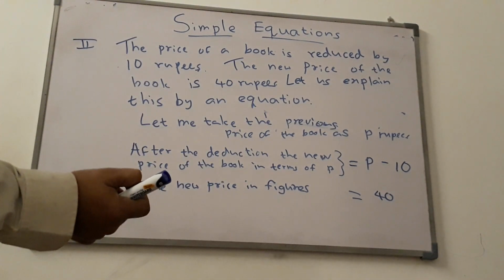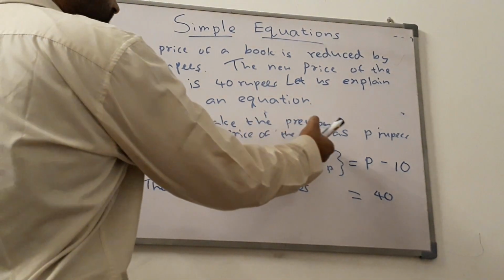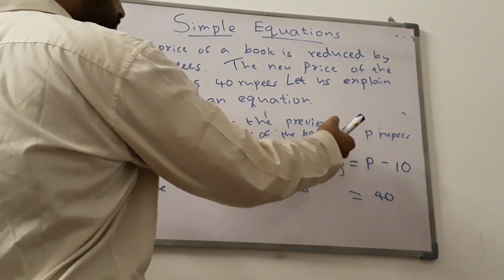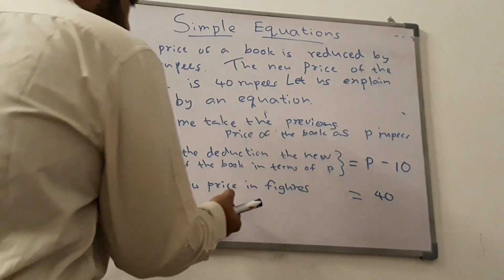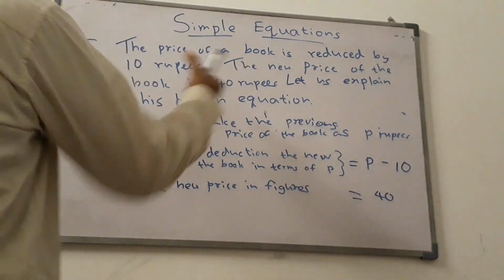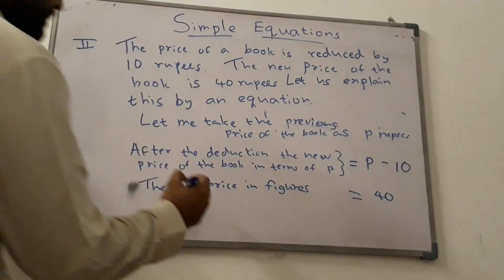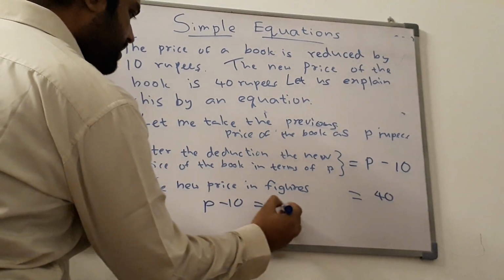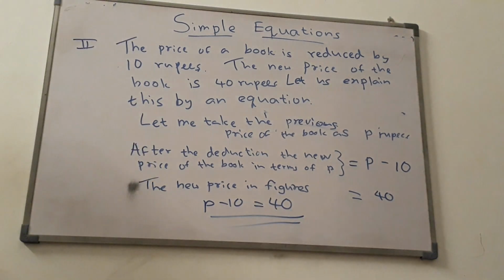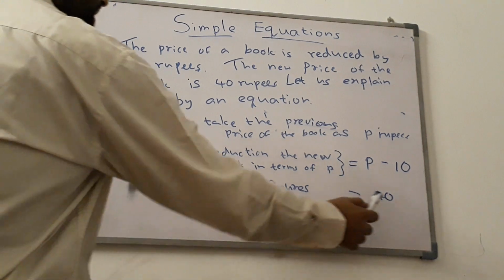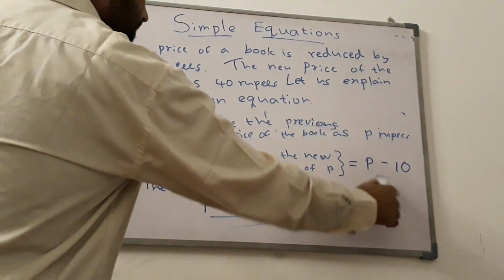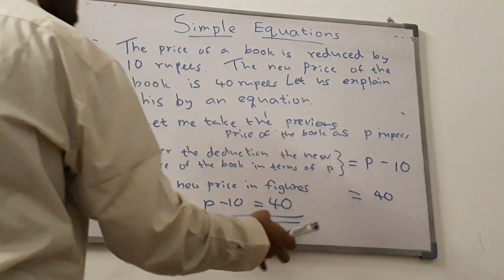The price of the book is reduced by 10 and I took the previous price as P. So new price means you subtract 10 from P. And the new price is also given in figures, that is 40. So we can say P minus 10 is equal to 40. This is the equation. In terms of P, this is the new price. In terms of figures, this is the value.